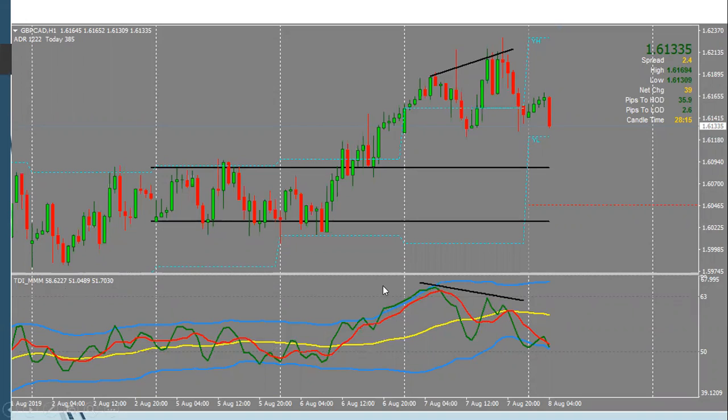So here you have the green line is the RSI, the red is a moving average, the blue are something like Bollinger Bands, the yellow, which is called the market baseline. This is also a moving average. So there are several different aspects to this indicator that I like, and hence the reason why I choose to use it at most times.